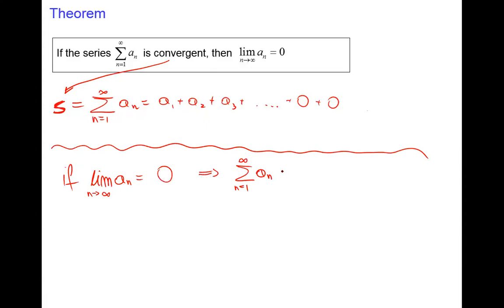Then I don't know, maybe this is convergent, or actually it could be divergent.